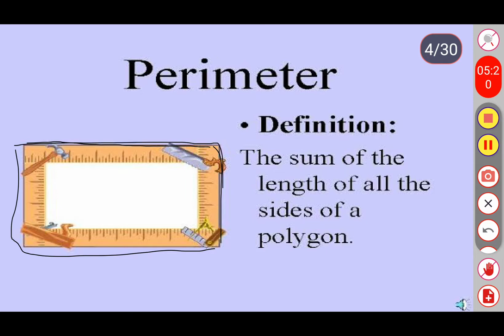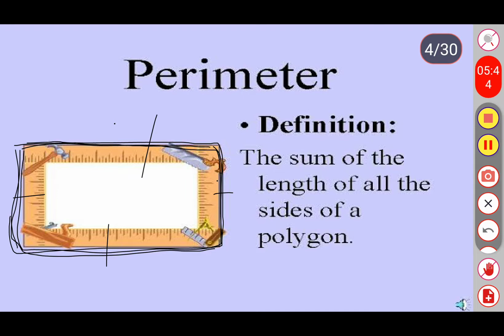The sum of the lengths of all these four sides we call the perimeter. Perimeter means the length of the boundaries of the given figure, whether it may be a pentagon or hexagon or heptagon or quadrilateral or circle.